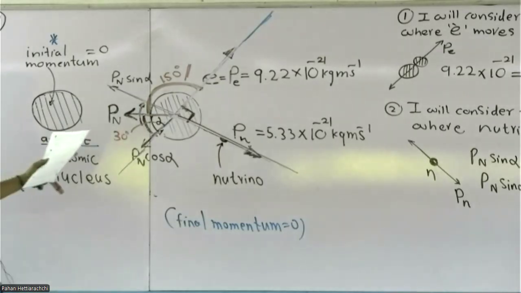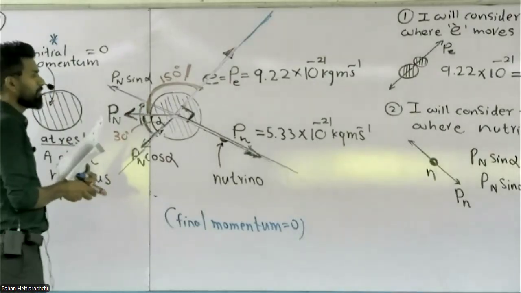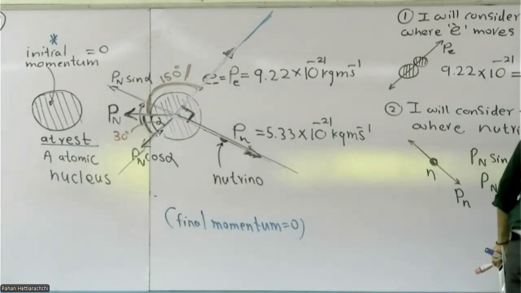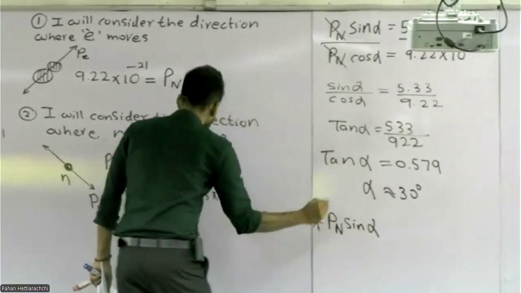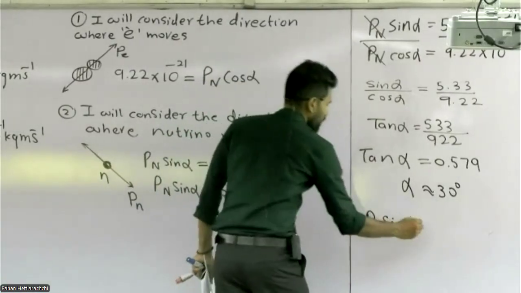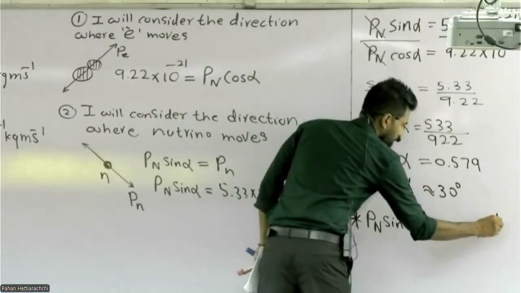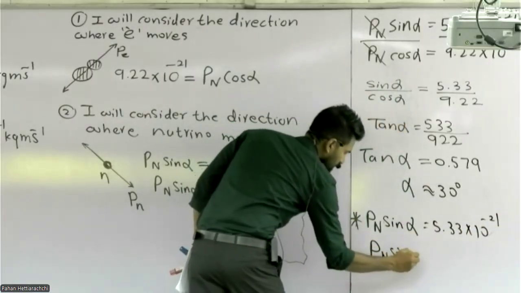Then you have to find the Pn value also. What is Pn? Pn sin alpha is equal to 5.33 into 10 to the power minus 21. Pn sin alpha means sin 30.